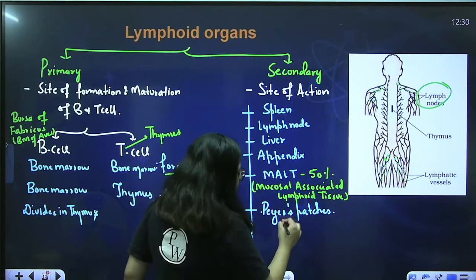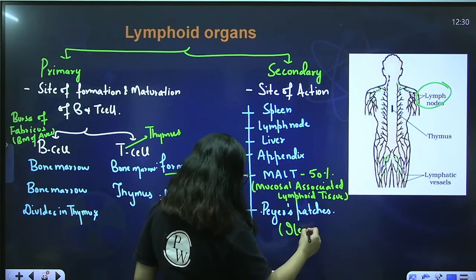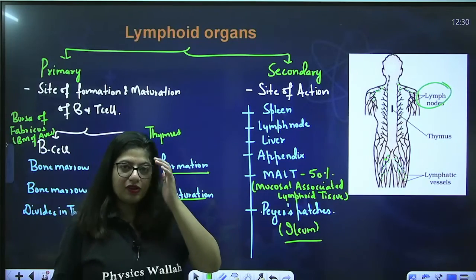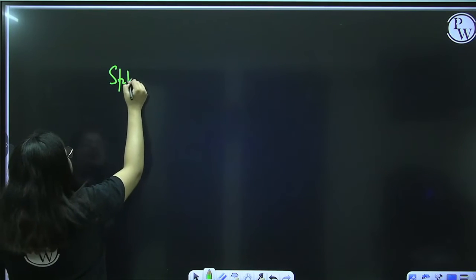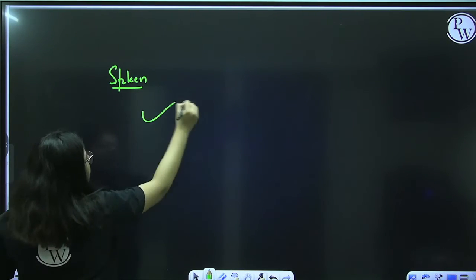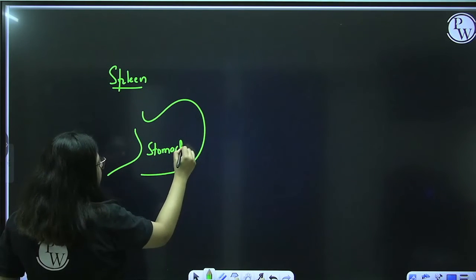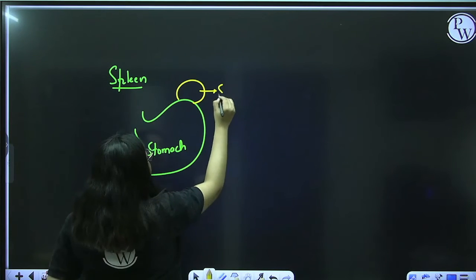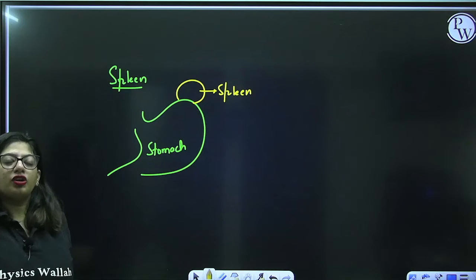Peyer's patches are present in your ileum, right? Ileum is a part of your gut. So let's talk about spleen, which you don't know about. So spleen is present behind the stomach. If this is your stomach, imagine this is your stomach, then this is your spleen. So spleen is present behind your stomach.